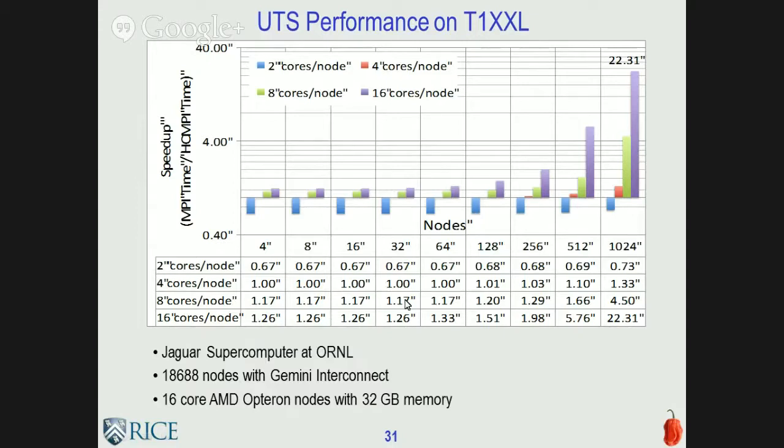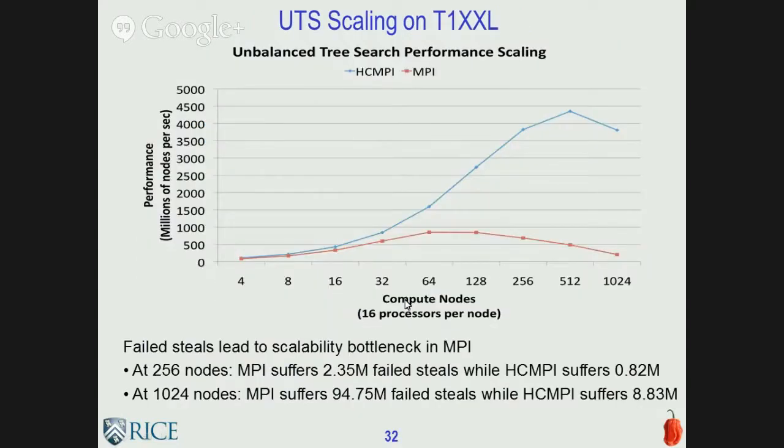And because we're using one core as a communication worker, you can see that in the two-core case, I should have put a label of 1.0 over here, the performance of HCMPI was below MPI. But once you have enough cores, it more than dwarfs it. In fact, there was some scalability issue that MPI was running into at 16,000 processes for this code.